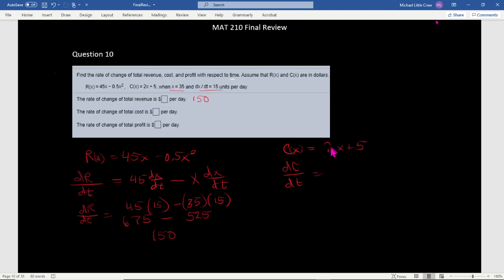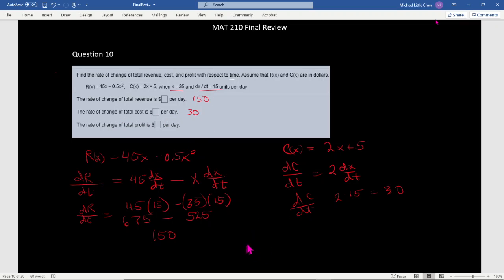Over here, the derivative of 2x is going to be 2 dx/dt, and the derivative of 5 is 0. So that's kind of cool, it makes it nice and simple. The only thing we have to worry about substituting, x equals 35, well, there is no x, so that's fine. dx/dt is 15, so that's 2 times 15, which is 30, and that's the rate of change of cost with respect to time.